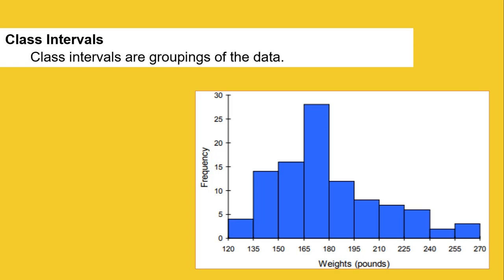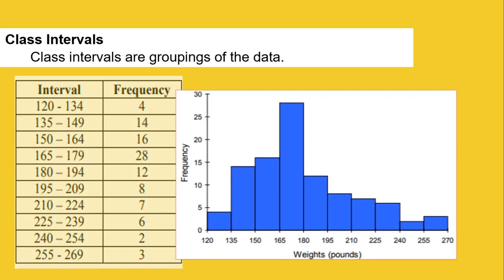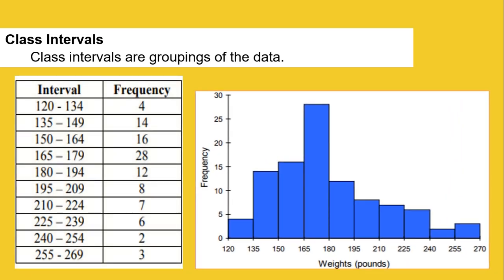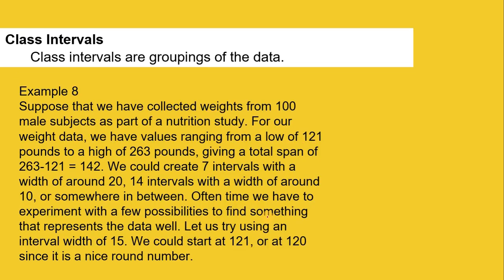So each range, for example, at this group, 120 to 134, the frequency here is 4. Okay, next group, 135 to 149, 14 occurred. We don't know yet since we don't have the data. Let us see.